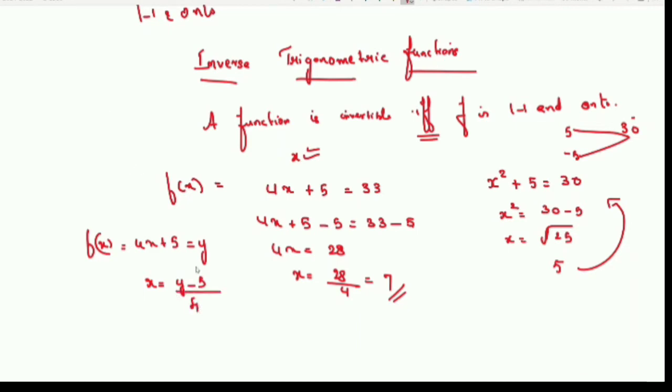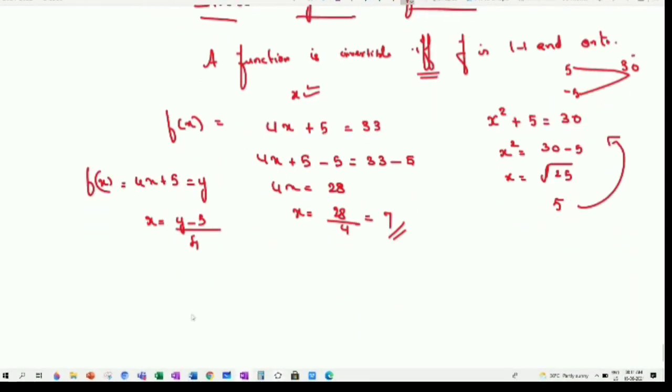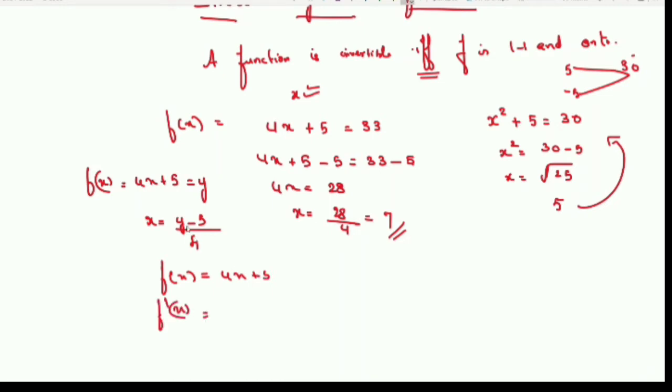So if f of x is 4x plus 5, the inverse of the function, replacing y by x, is (x minus 5) by 4. We can find the inverse. But here we cannot, because there are two inputs.